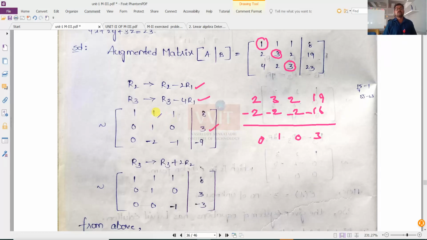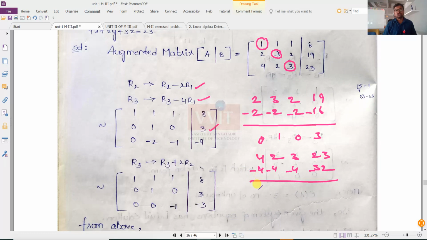Those who are not able to understand directly, this is one way to get it clear. Similarly R3: 4, 2, 3, 23, and 4 times R1: 4, 4, 4, 4 eights are 32, and here subtraction, negative, negative, negative, negative.